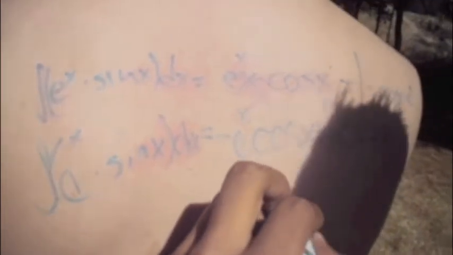So again, we have minus e to the x cosine of x plus u, that is e to the x, times v, that is sine of x, minus the integral of v, that is sine of x, times du, that is e to the x.